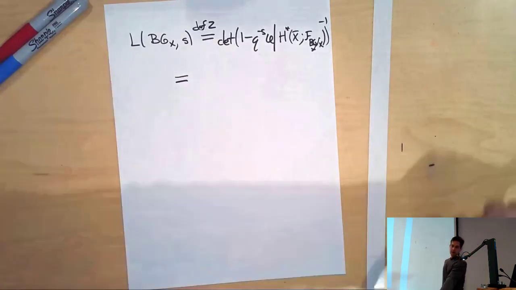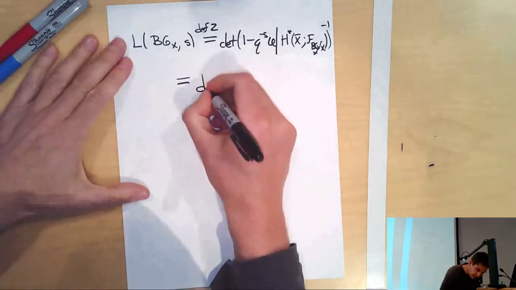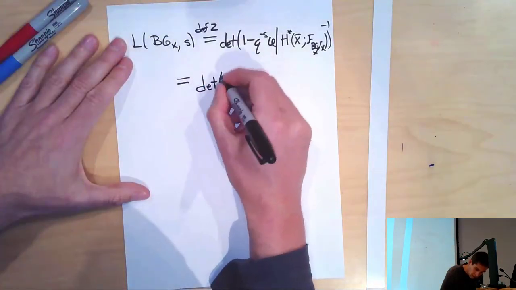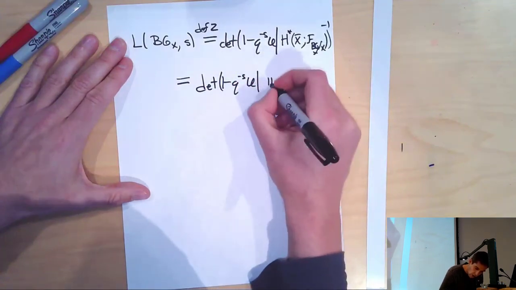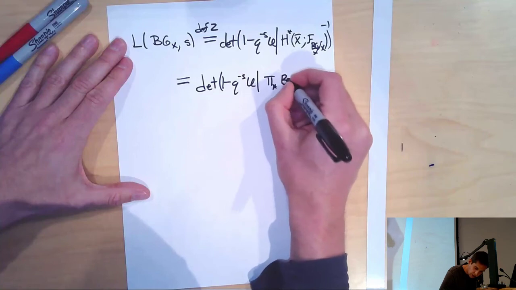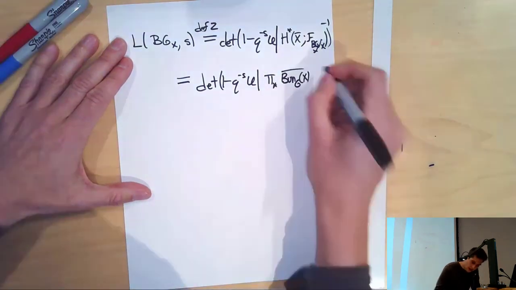And if you assume this theorem, which describes what those hypercohomology groups look like, what you're seeing is the determinant of 1 minus q^{-s} phi on the homotopy groups of the moduli stack of G-bundles, Bun_G,X-bar.